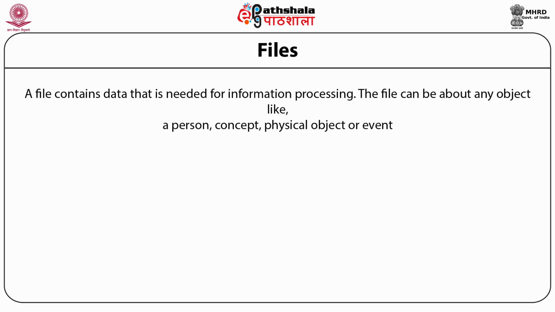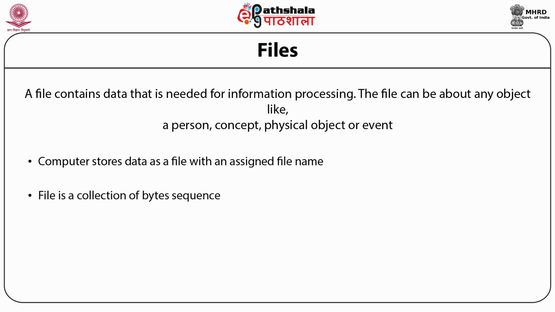Files. A file contains data that is needed for information processing. A file can be about any object, like a person, concept, physical object, or event, or anything. In a computer, any data is stored in the form of a file, and each file has a certain assigned name.